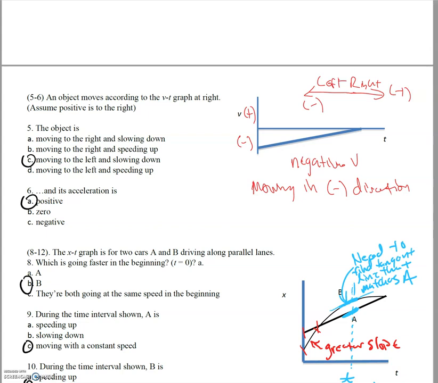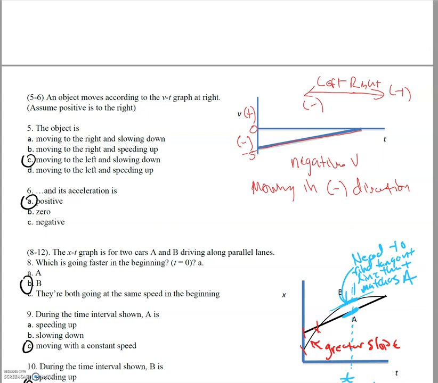Now the other question is, are we speeding up or are we slowing down? So our curve is starting from, say, -5, and this is 0. We're starting from -5 and we're moving towards 0. So what's happening to the velocity? We're getting less negative, so that means we are slowing down. We're decreasing our velocity. So the answer is C.